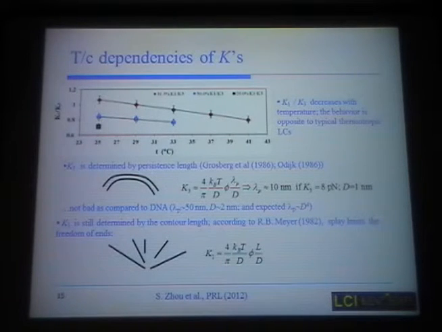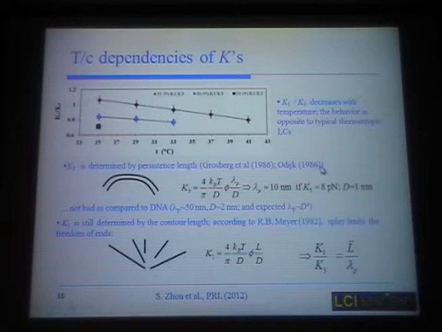What matters is just the distance between the two ends, because if you would like to create splay deformations like I show with my fingers, to fill these empty pockets of space with the material, you need to find an end of another molecule to stick in here. And so he reasoned that if the molecules are very long, then it's very hard to find all these ends to fill into the pockets. And that means that the elastic constant of splay will be proportional to the length of the molecule. The longer the molecule, the harder it is to splay.